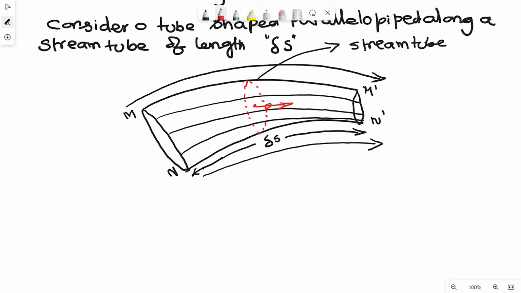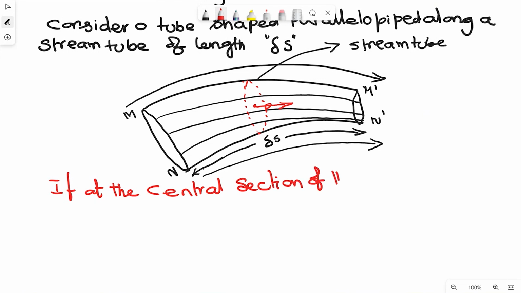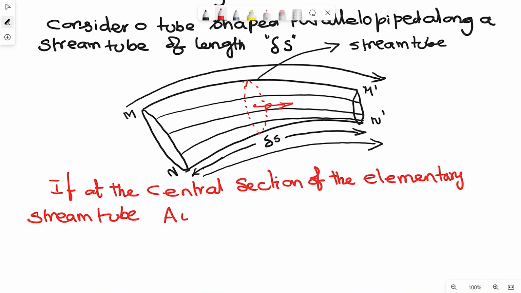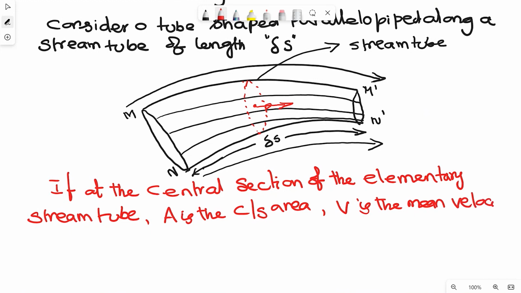Now, at the central section of the elementary stream tube, A is the cross-sectional area, V is the mean velocity of flow, and rho is the mass density of the fluid.